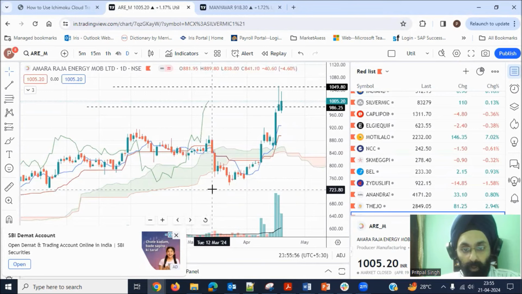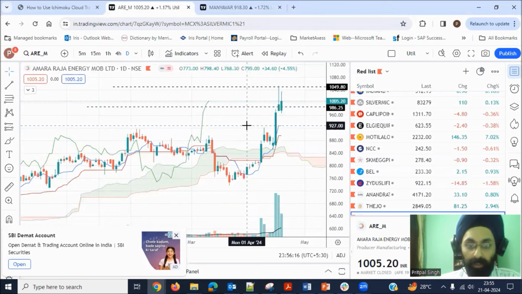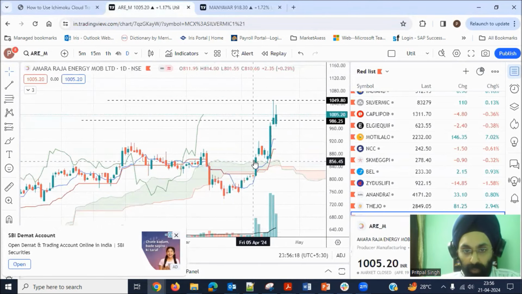So in order to understand, this green mountain kind of thing is called the cloud, and this is the upper boundary of the cloud, and this is the lower boundary of the cloud. I am explaining this for those who have directly landed on this video, so for their understanding, I am explaining it again.